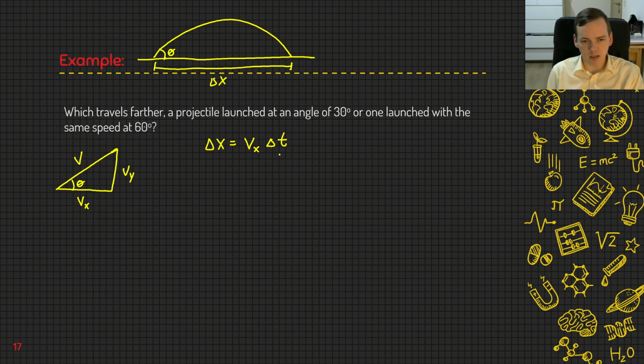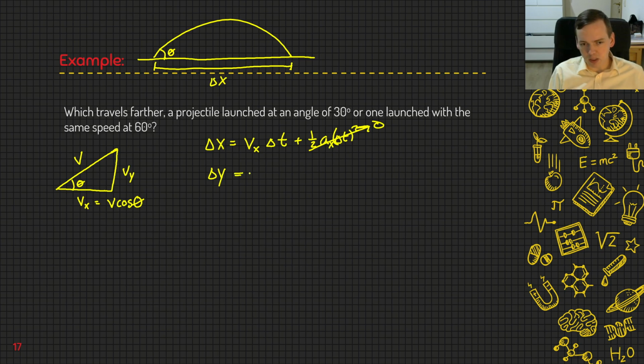So the velocity is constant, and this actually comes from the full kinematic equation, plus 1/2 ax delta t squared, but that whole last term is 0. So I know delta x, and I know vx, which I'll be able to find from my angles here. But I don't know delta t, so let's try and solve for that using our delta y.